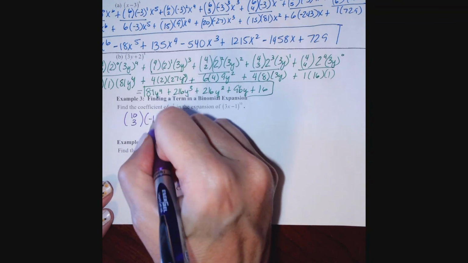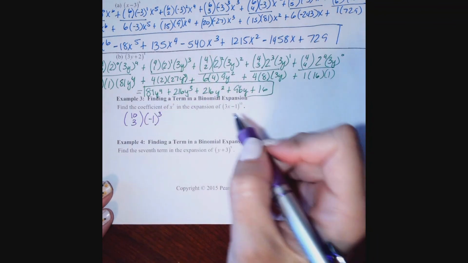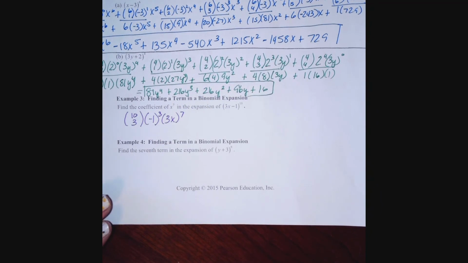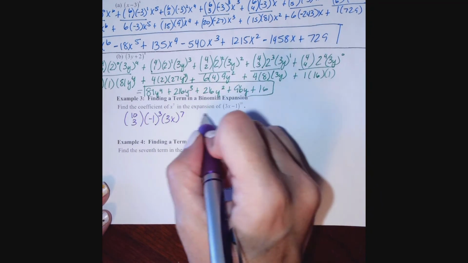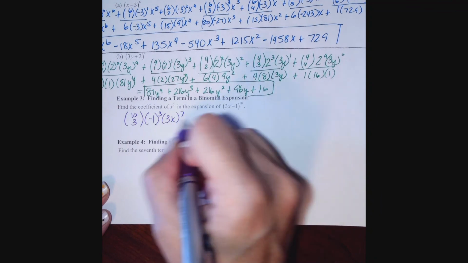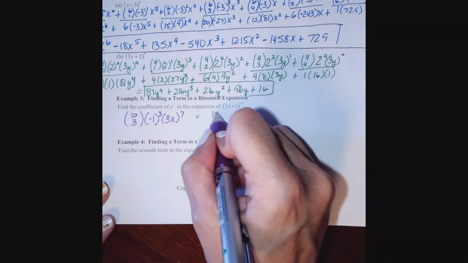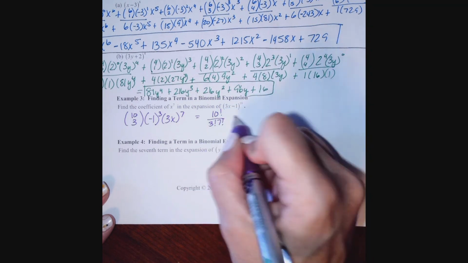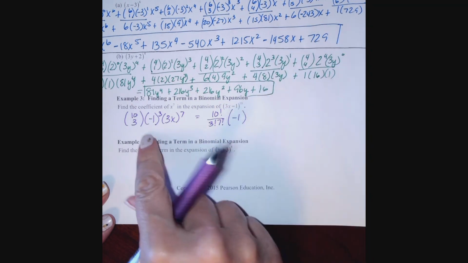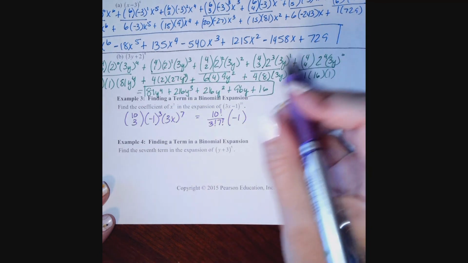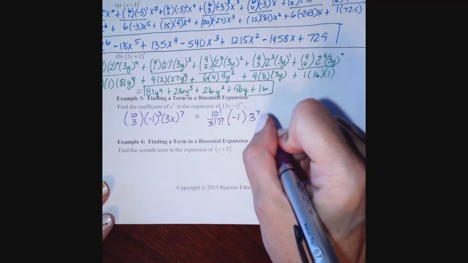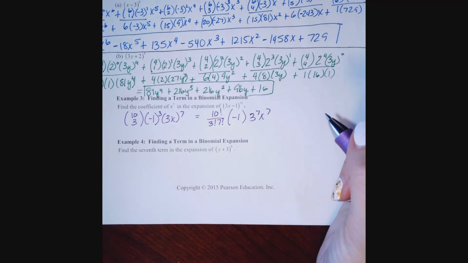So I have negative 1 cubed, and then I have 3x to the 7th. Alright, well, my binomial coefficient would be 10 factorial over 3 factorial, 7 factorial, and then I've got a negative 1 because negative 1 cubed, and then 3 to the 7th, x to the 7th, if I want to break it down that way.